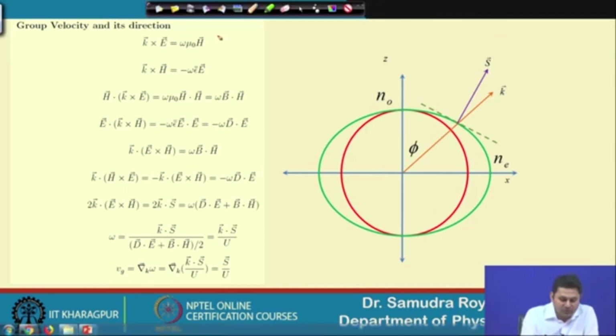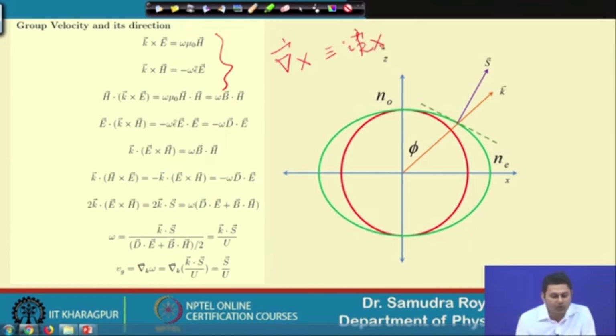We are going to use these two Maxwell's equations. This is the Maxwell's equation in a different notation, in k notation. We know that this curl can be represented as i k cross.